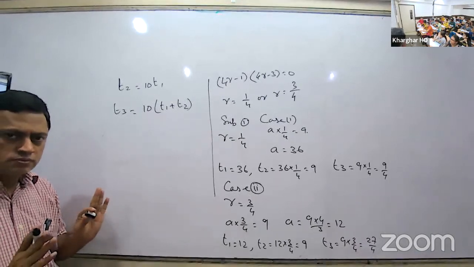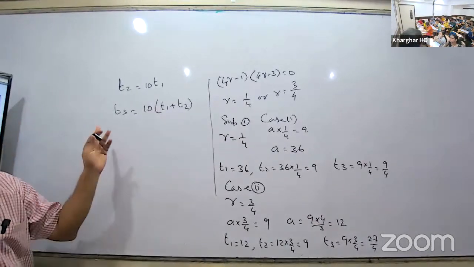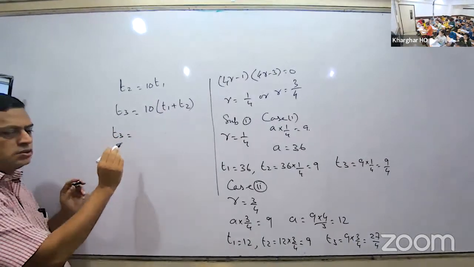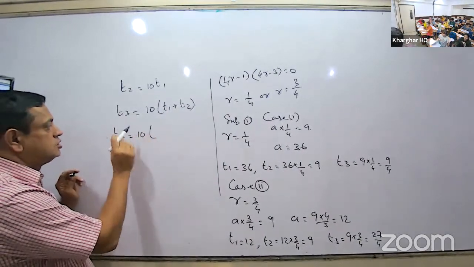Sir, T1 is 10. Is it the condition given or not? T3 is equal to 10 times, sorry, T4.